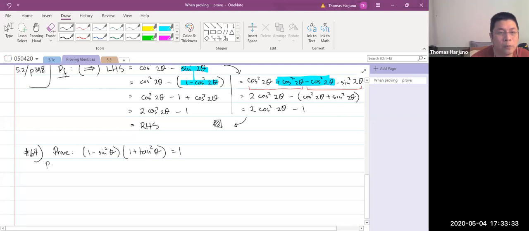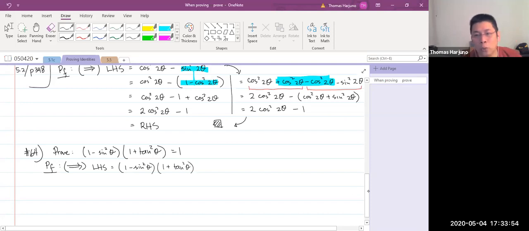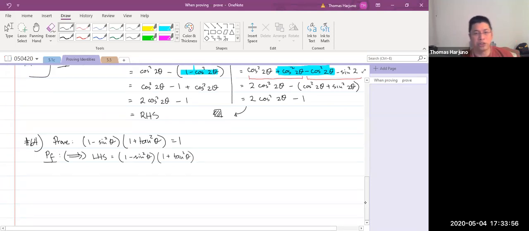Now, the proof, I think the shorter one will be as the following. Left-hand side, I have 1 minus sine squared theta. On the right-hand side, times 1 plus tangent squared theta. Now, of course, if you really don't know, you can change the tangent squared into sine squared over cosine squared.